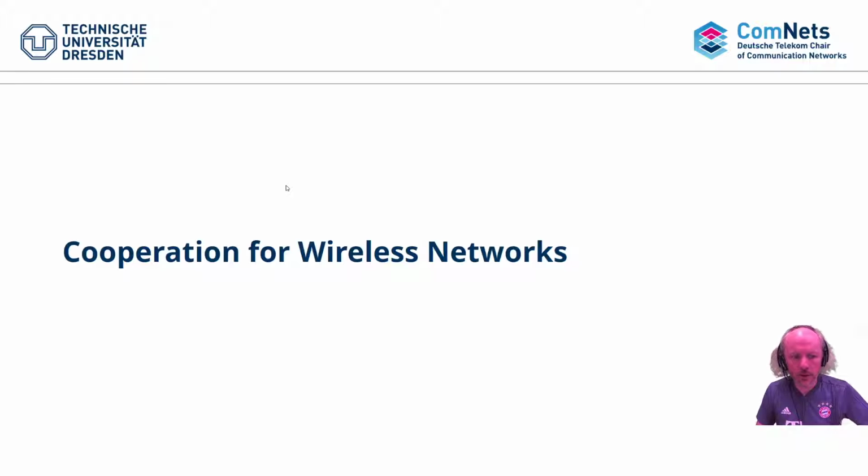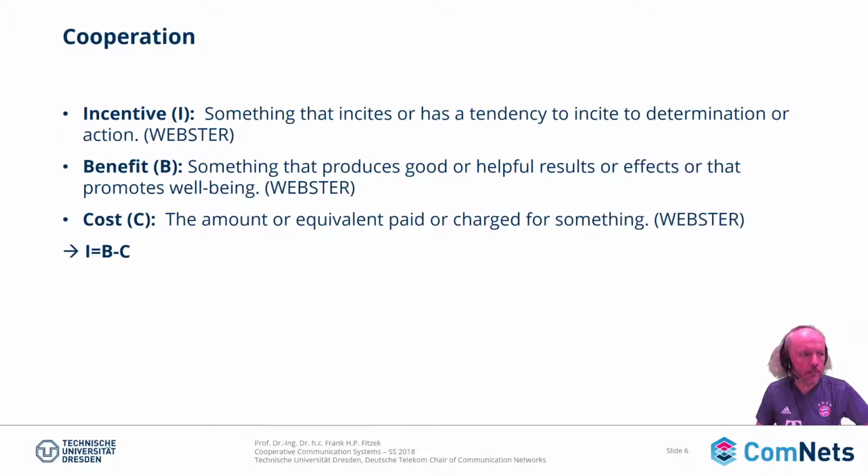So far we talked about nature examples like vampire bats and monkeys, or the prisoner's dilemma. Now, in the end, we would like to map this to communication networks. And wireless networks are the ones where it showed up the first time.